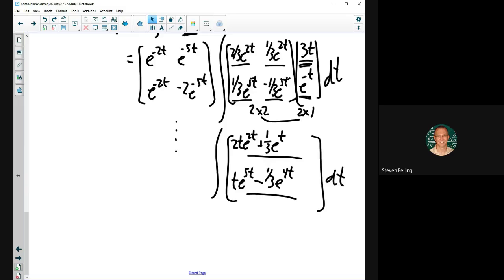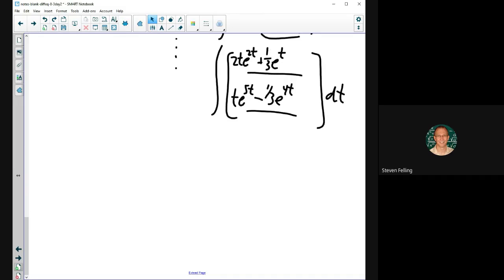Okay, so we've got an integral of a matrix, which really means that we're going to have a matrix that has separate integrals. So I'm going to have the integral of 2t e to the t dt plus the integral of 1/3 e to the t dt.